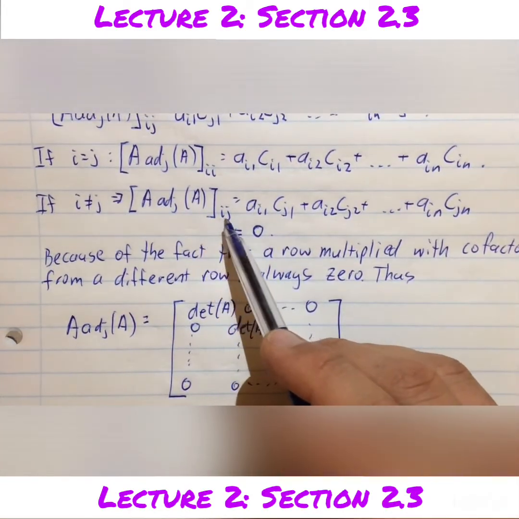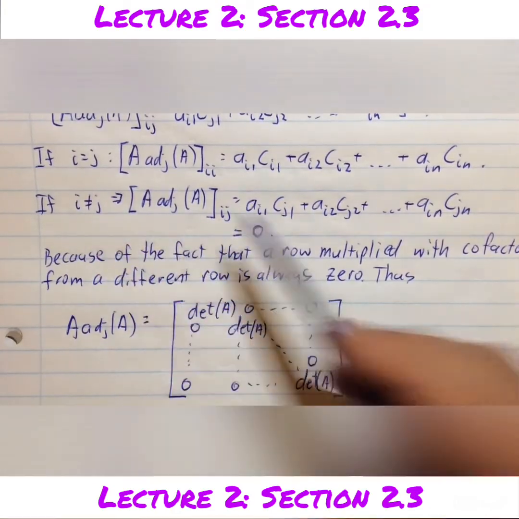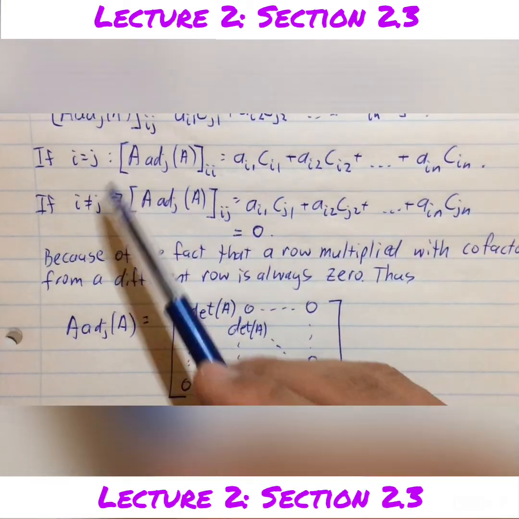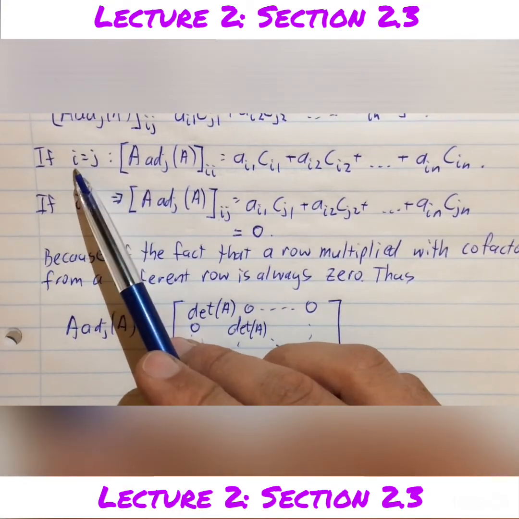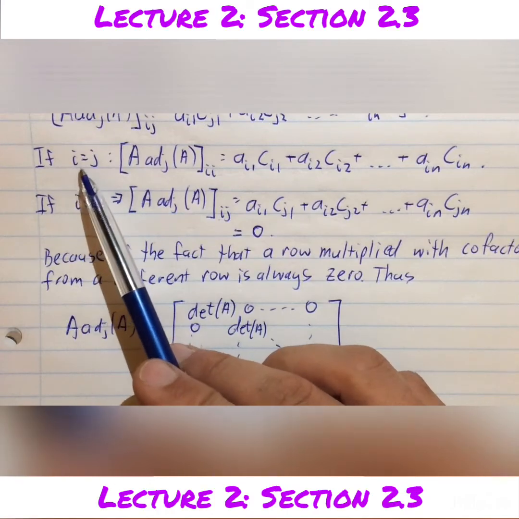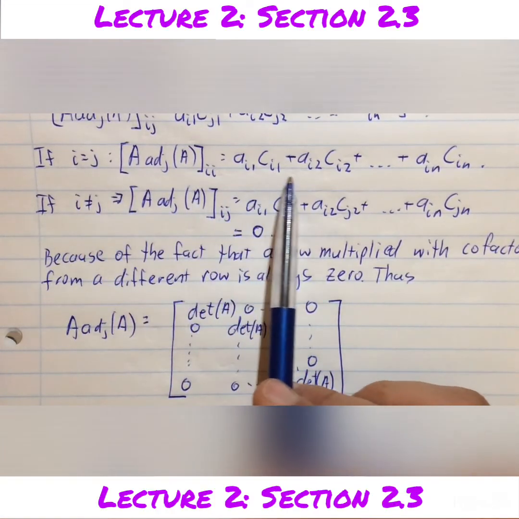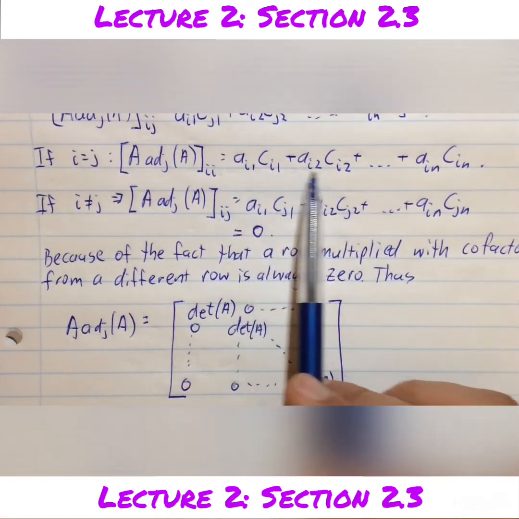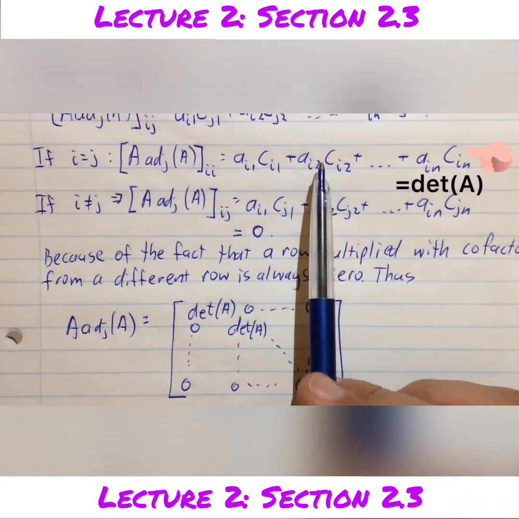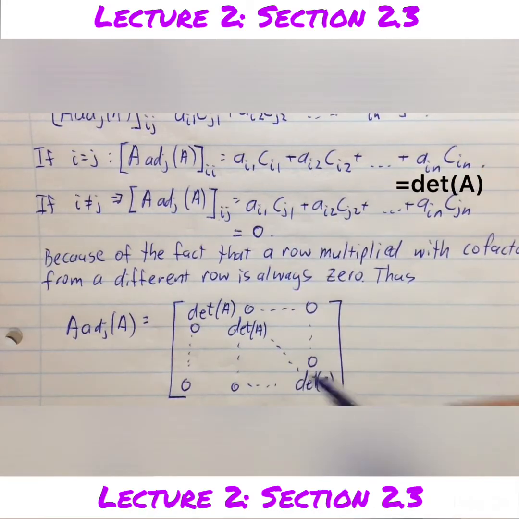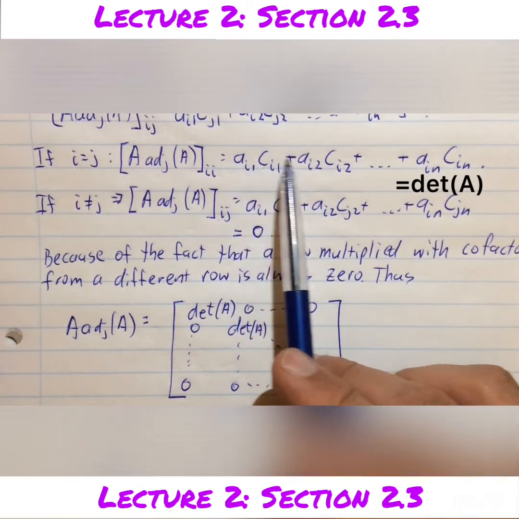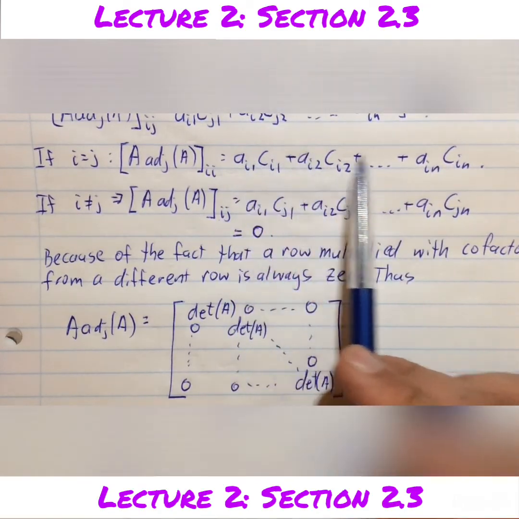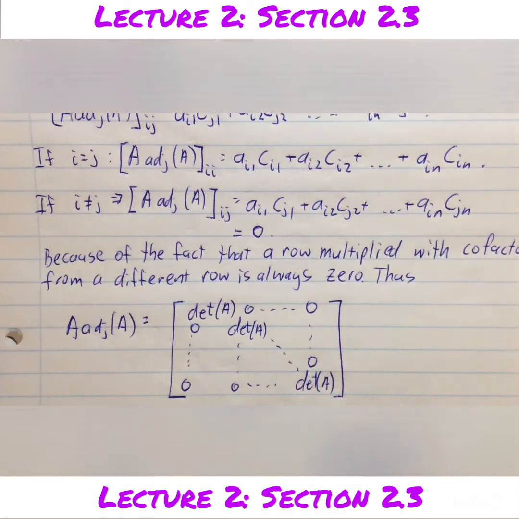Well, now we've got the entry in the ith row in the jth column where i is not equal to j. Those are all 0. And the entry in the ith row in the jth column where the column index is equal to the row index is going to be this expansion here. Now, what exactly is this? This is going to be the determinant of A. Okay.